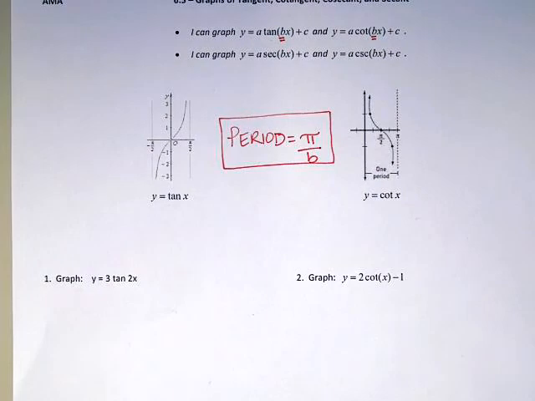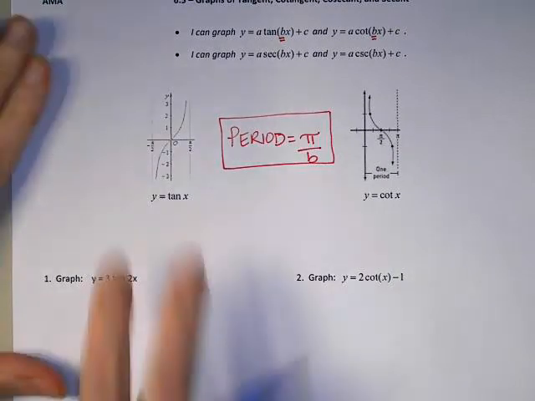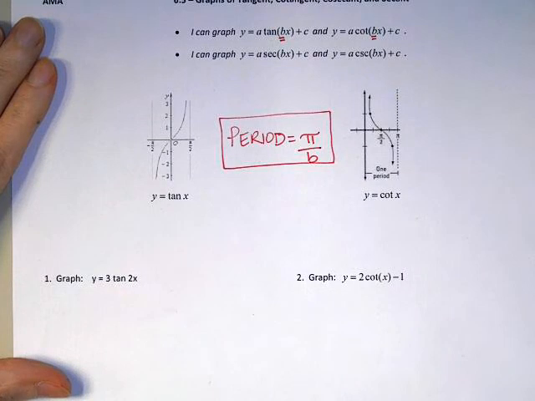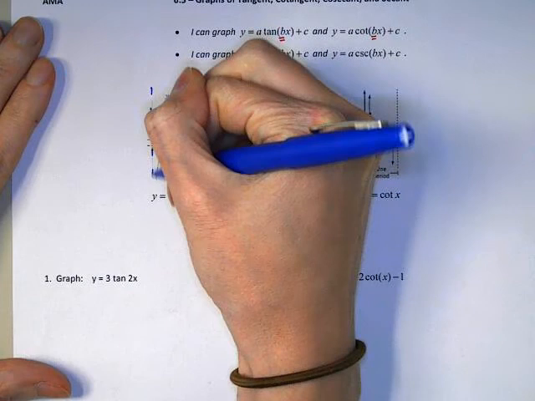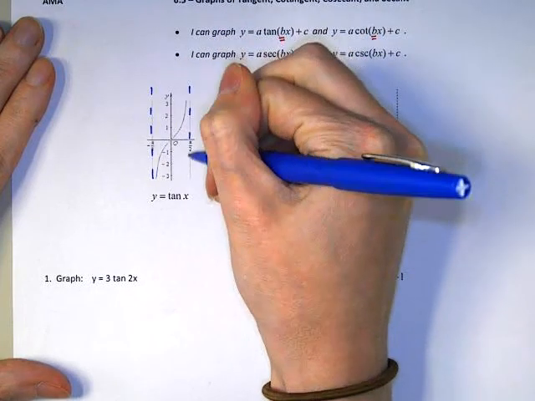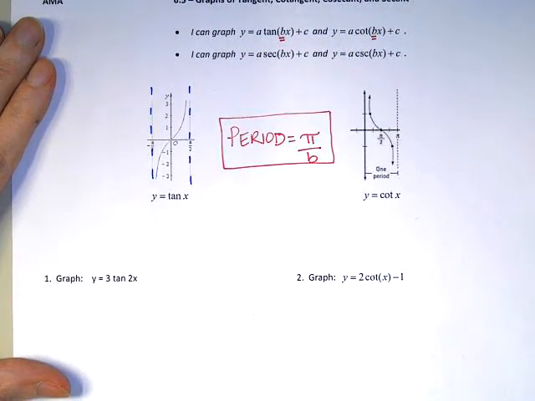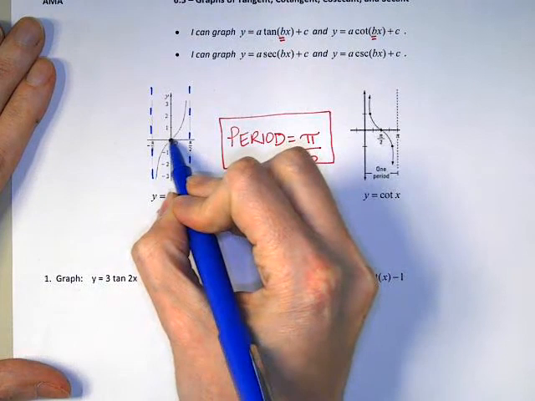Another important thing, the way I graph tangent and cotangent, is to figure out where the starting asymptotes are and our 5 key points. So if you look across the unit circle, there are asymptotes at negative pi over 2 and positive pi over 2. And then tangent of 0 is 0.